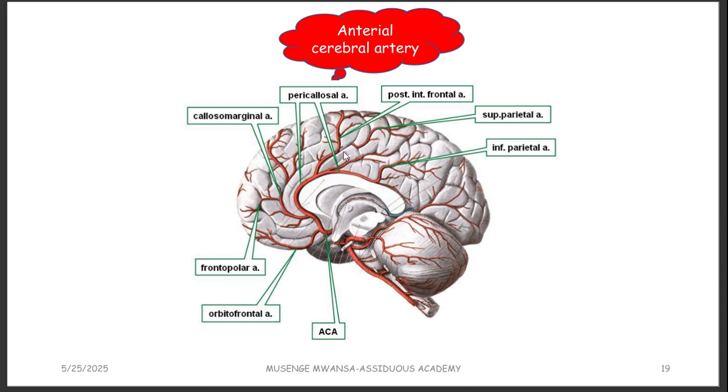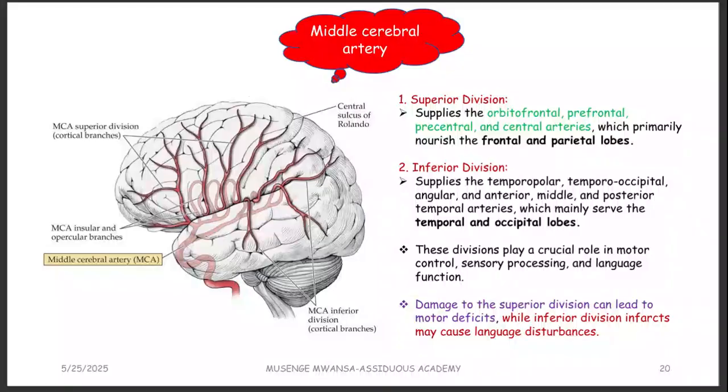Then you also have the pericallosal just on top, and then the posterior frontal. But don't worry much about that. The only thing I want you to know here is that the anterior aspect of the brain is supplied by the anterior cerebral.